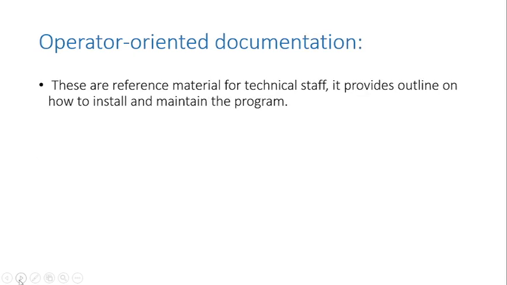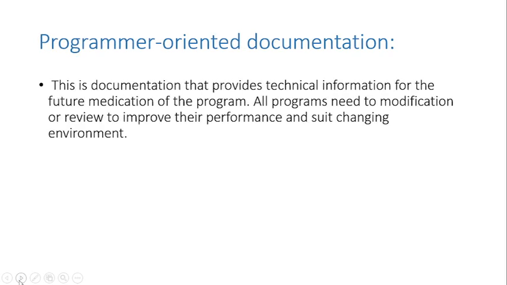We have also operator-oriented documentation. These are reference materials for technical staff. It provides an outline of how to install and maintain the program. We also have the program-oriented documentation. This is the documentation that provides technical information for the future modification of the program.